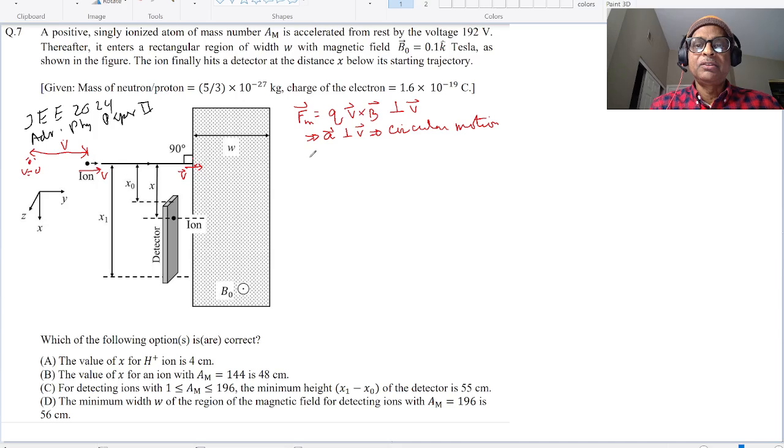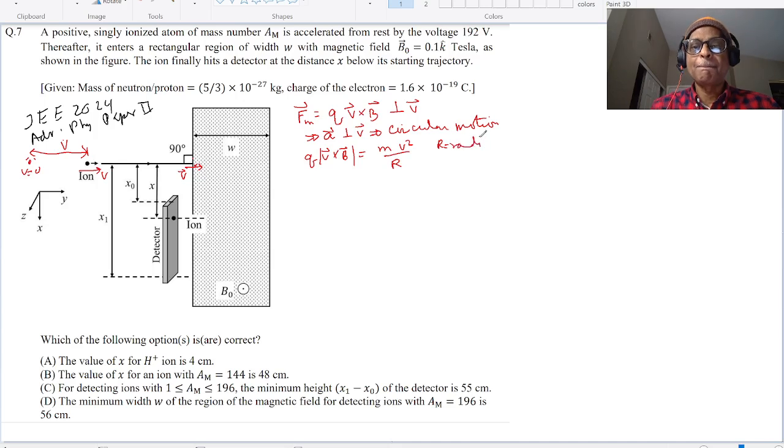Okay, so if you have circular motion, you can have Q v cross B equals m v square over r, the radius of the circle.